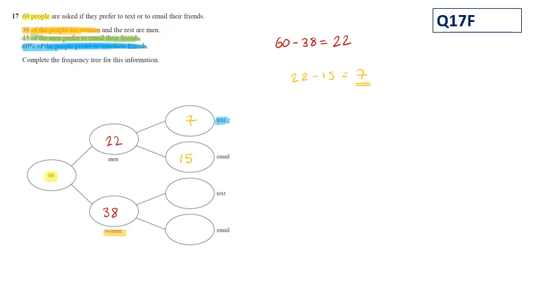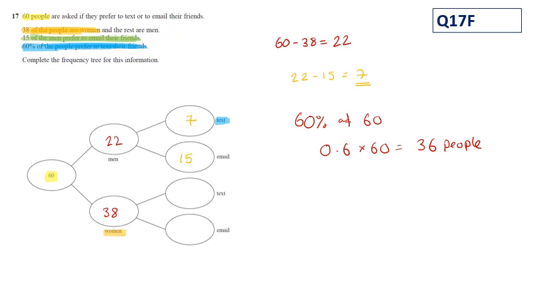So to work that out, we need to find 60% of 60, and in the calculator that's just 0.6 times 60, which is equal to 36 people.